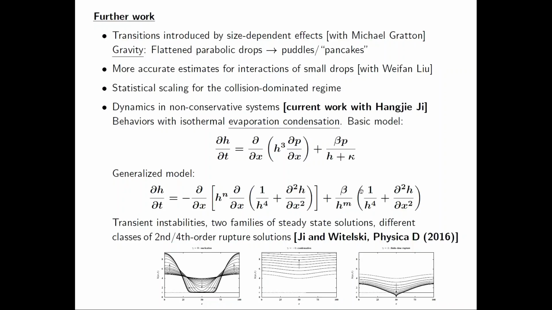Our article has just appeared online, so you can get it from Physica D. But we've shown that by making this term destabilizing instead of the physically stabilizing term, we can break the assumption I told you, that the epsilon regularization will prevent rupture, and this evaporation can actually cause rupture, which is unexpected for what should be the physical model for this kind of mathematical form.